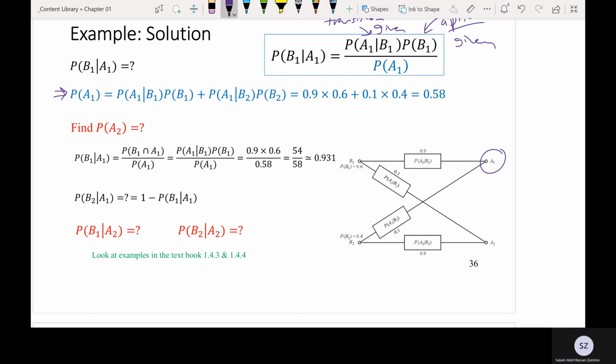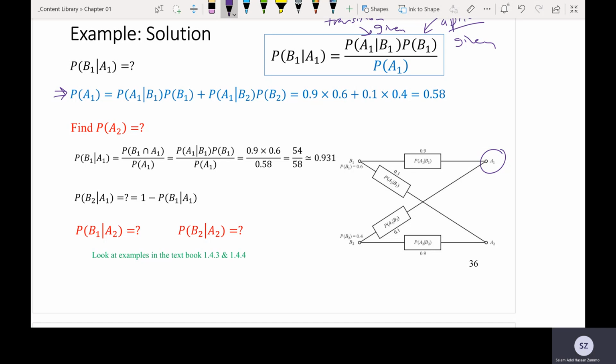Probability of A1. When does A1 happen? You ask yourself only this. When do I get A1 here? From this symmetric channel, if I send B1, or if I send B2. So A1 can happen either I send B1 and I receive it correctly, or I send B2 and I receive it wrongly.